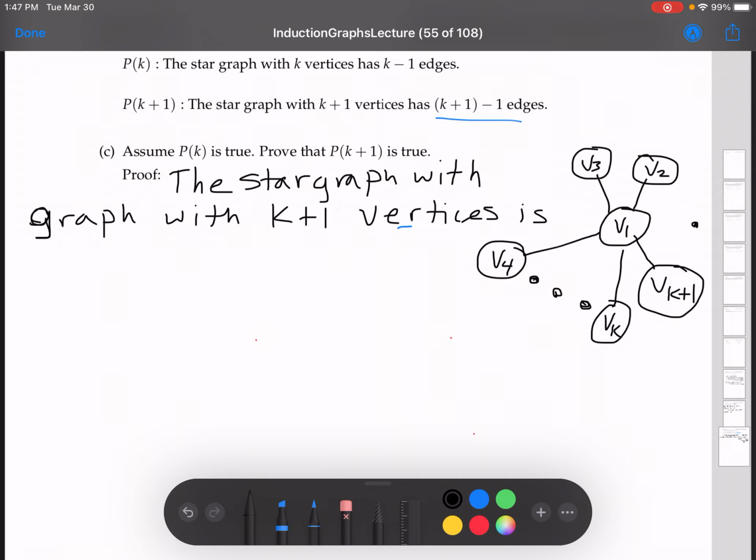The star graph with k plus 1 vertices is this.